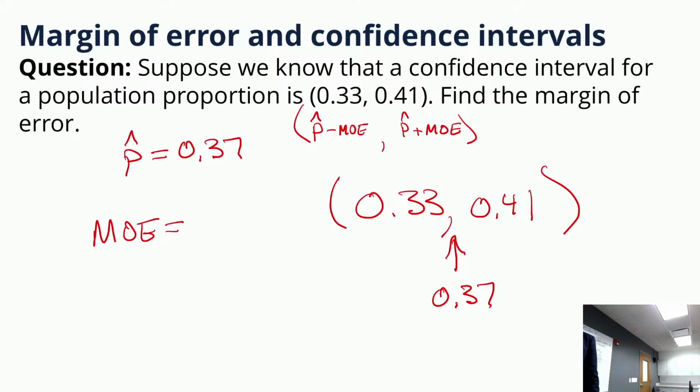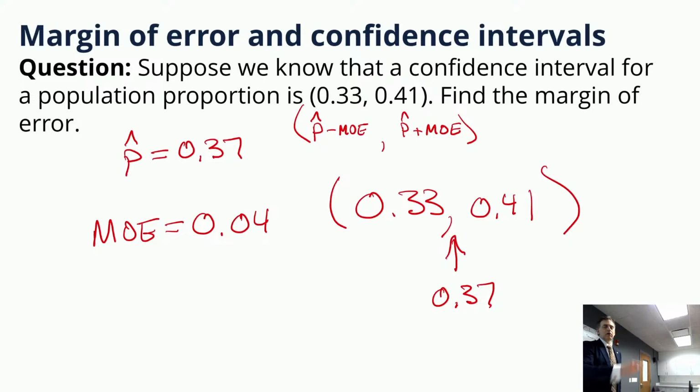And so you just have to figure out how far it is to the edge of the interval. Yeah, go ahead and do it. Very nice. So you could go either way. You could either do 0.37 minus 0.33 or 0.41 minus 0.37. Either way you go, it's still 0.04.